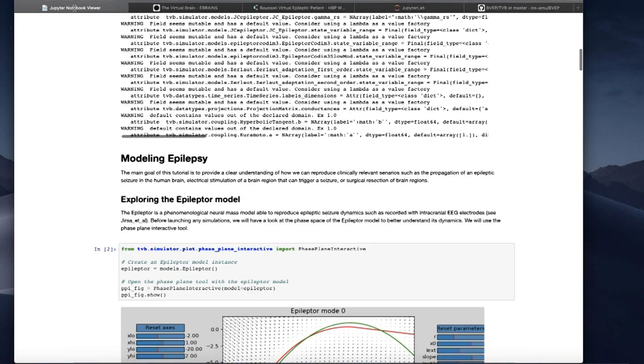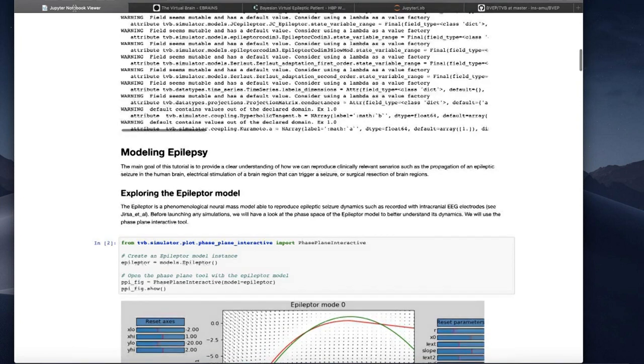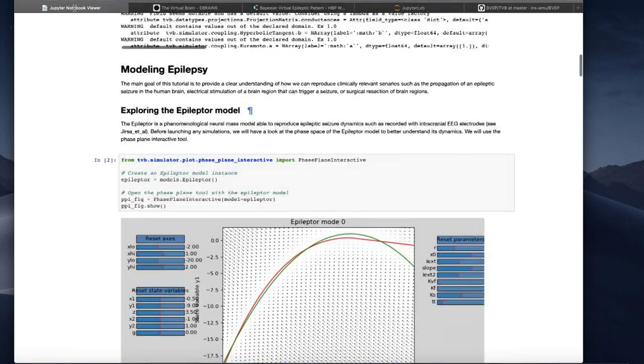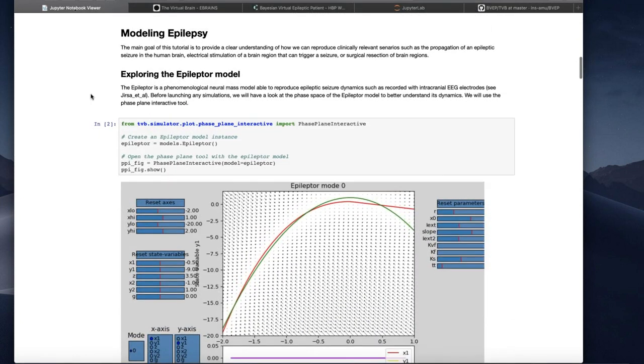I will show you now the Jupyter notebook to model a simple epileptic brain. So you can find the tutorial either in your demo folder, if you have downloaded the TVB distribution.